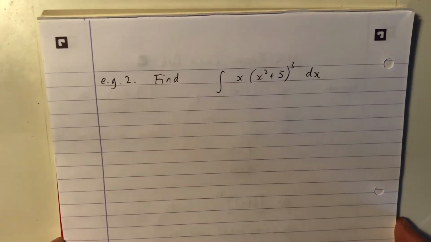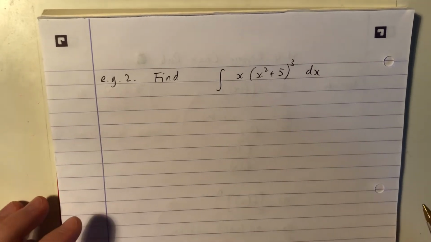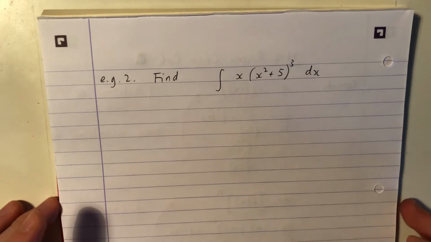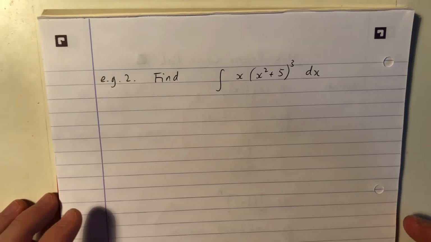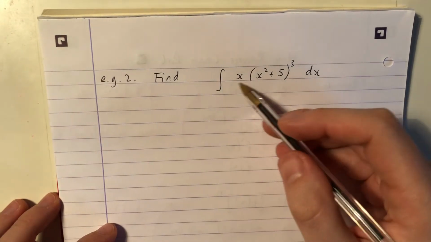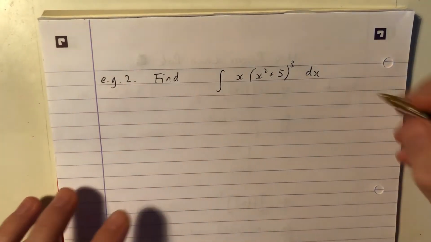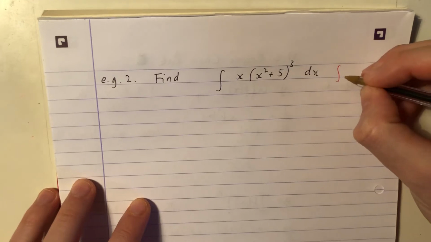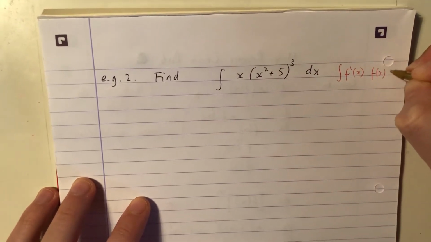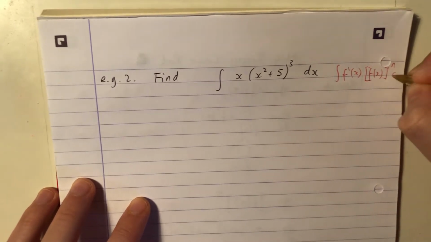Right, next one. E.g. number 2. Right, so this one's probably a little bit easier to guess based on this being something to the power of 3 and then x on the outside. So for me, this is similar to this rule.